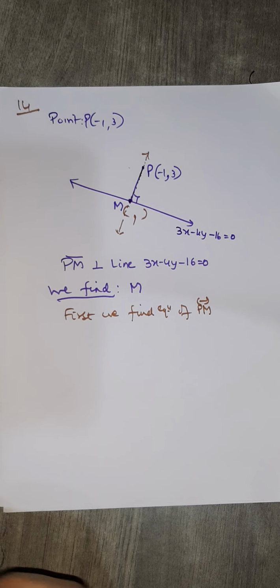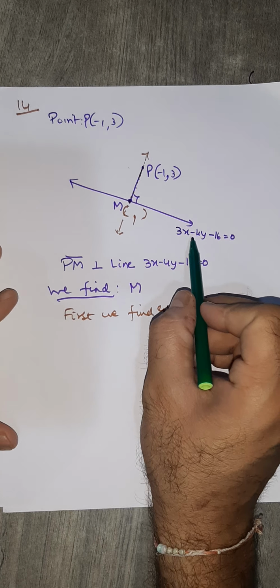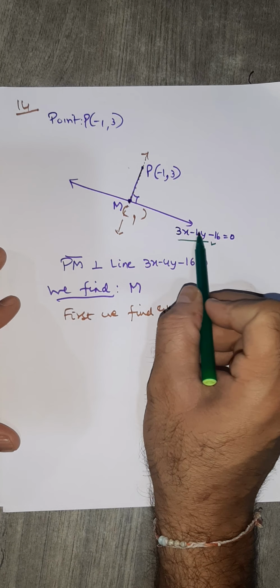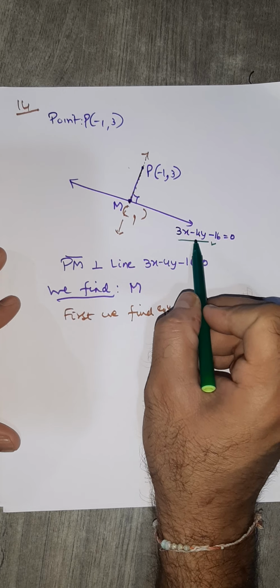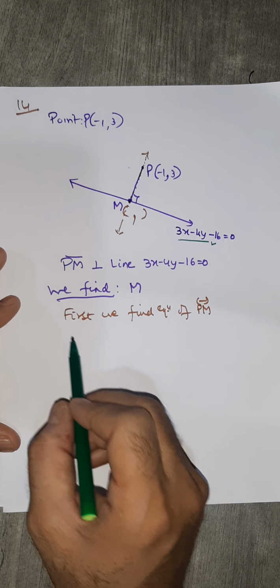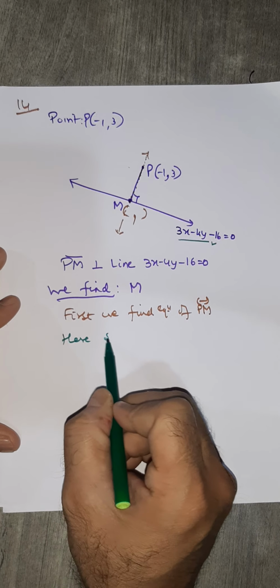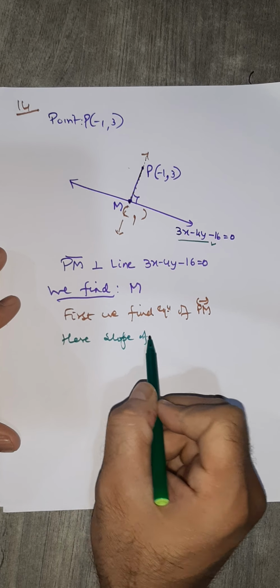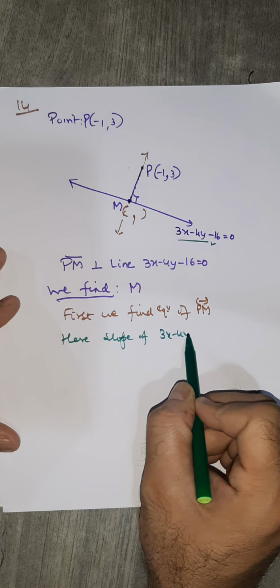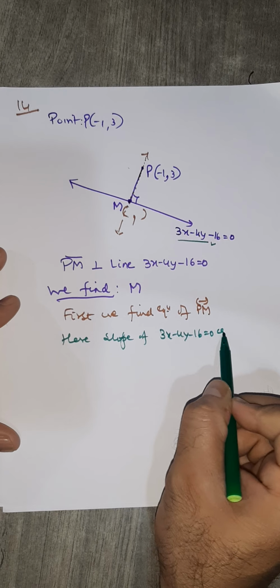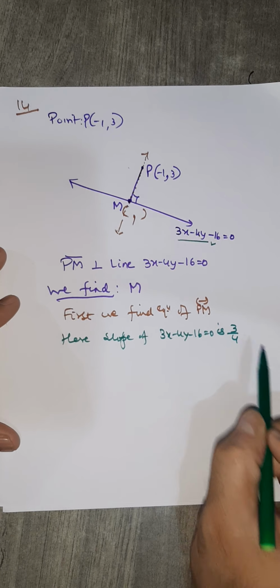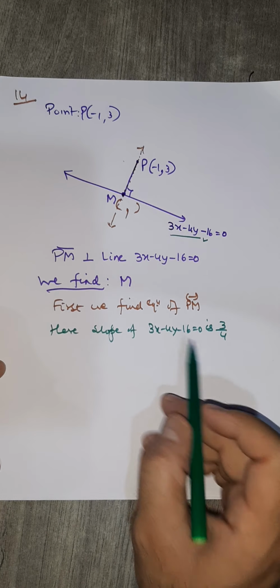You know the theory. To get the equation of any line, you need a point and slope. Do you know the slope of this line? Yes, minus a by b, 3 by 4. So here, the slope of the given line 3x minus 4y minus 16 equals 0 is 3 by 4. Which formula? Minus a by b.